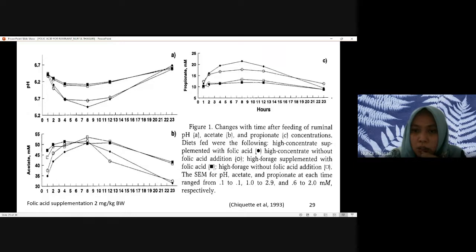But for the addition of folic acid in the high forage, it seems like the lower concentration of the... I'm sorry, I'm a bit confused.